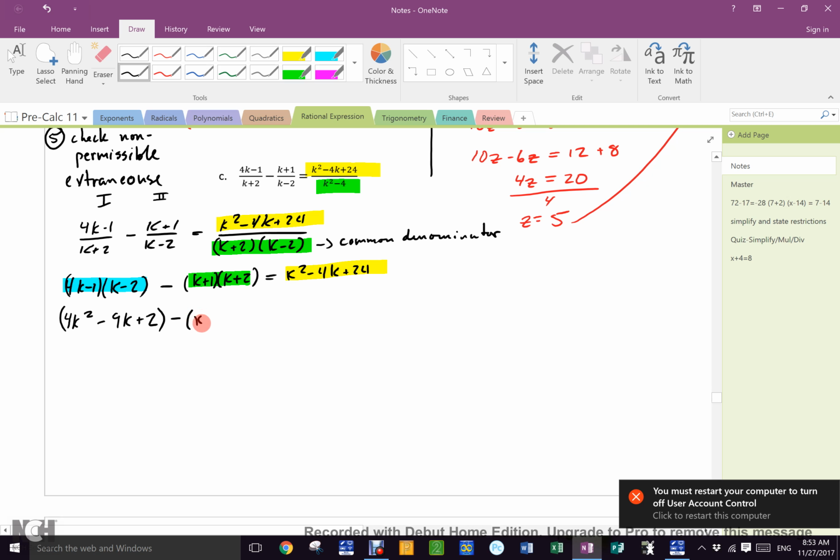FOIL again to get k squared plus 3k plus 2. Yes? Equals k squared minus 4k plus 24. What's happening on this whole side of the equation?